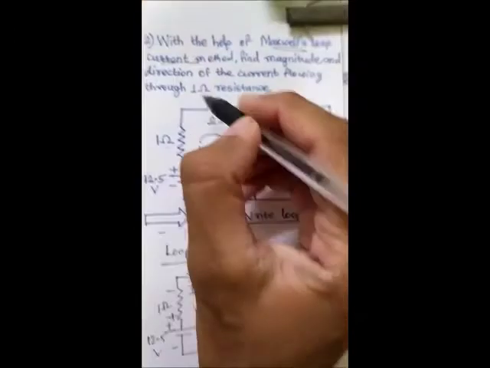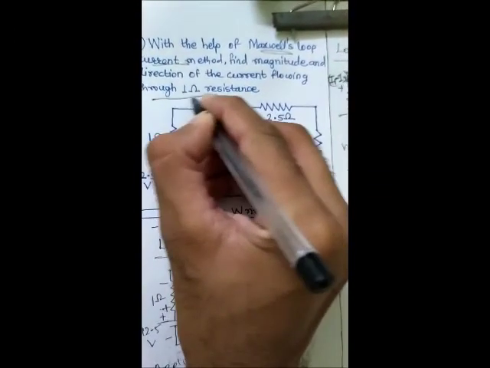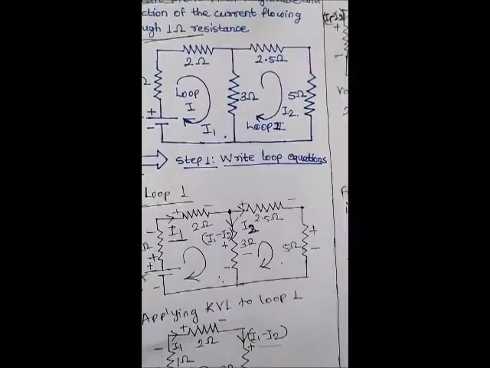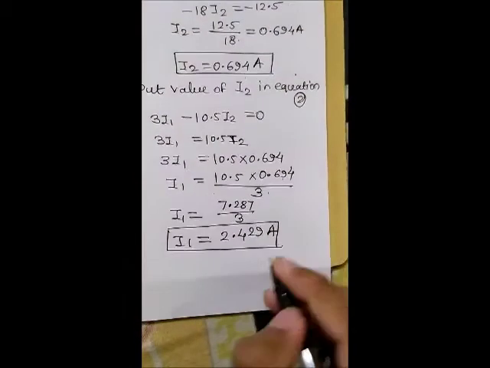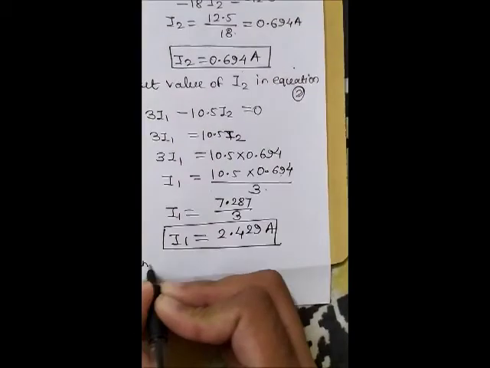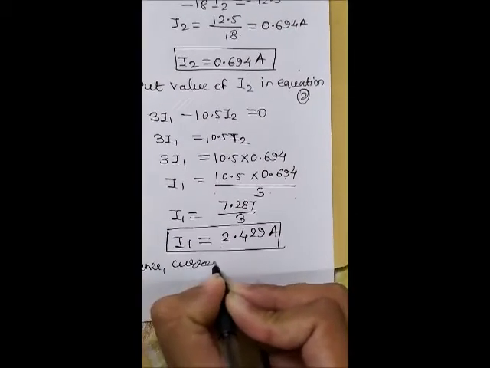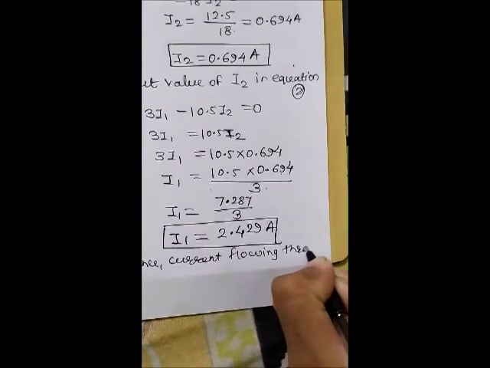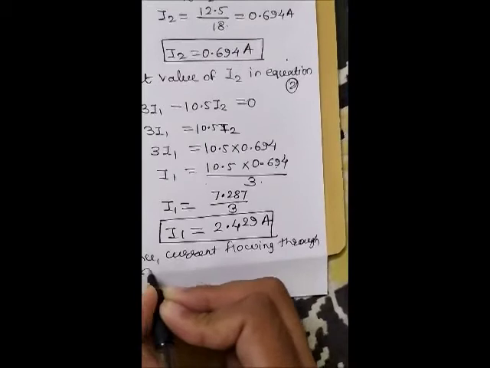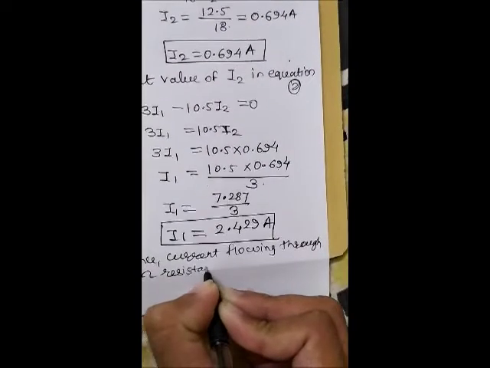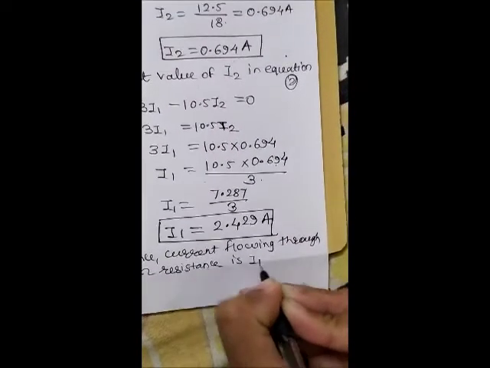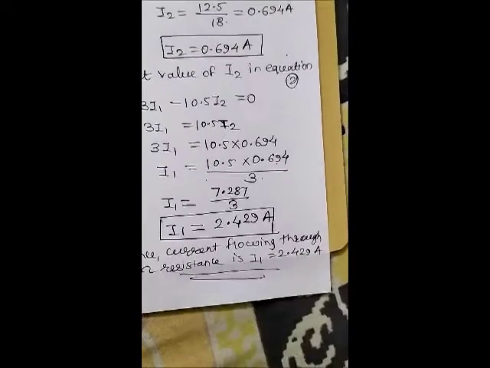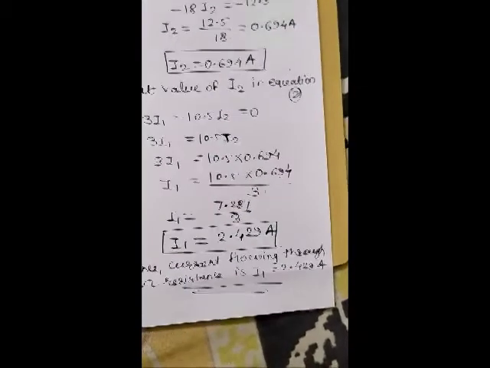Our aim was to find the current flowing through the 1 ohm resistance, and the current flowing through the 1 ohm resistance is I1, and the value of I1 is 2.429. Hence the current flowing through the 1 ohm resistance is I1 equal to 2.429 ampere. This is your answer for the given numerical.